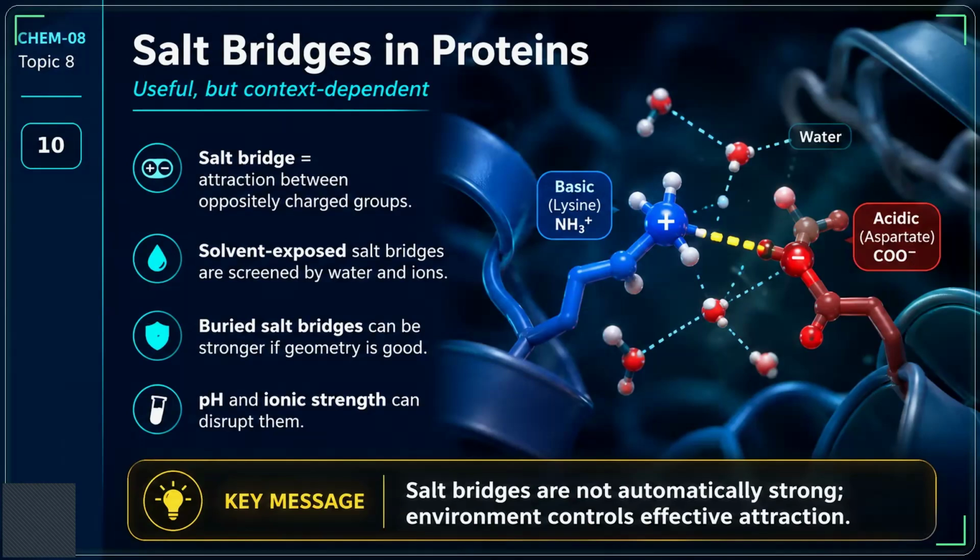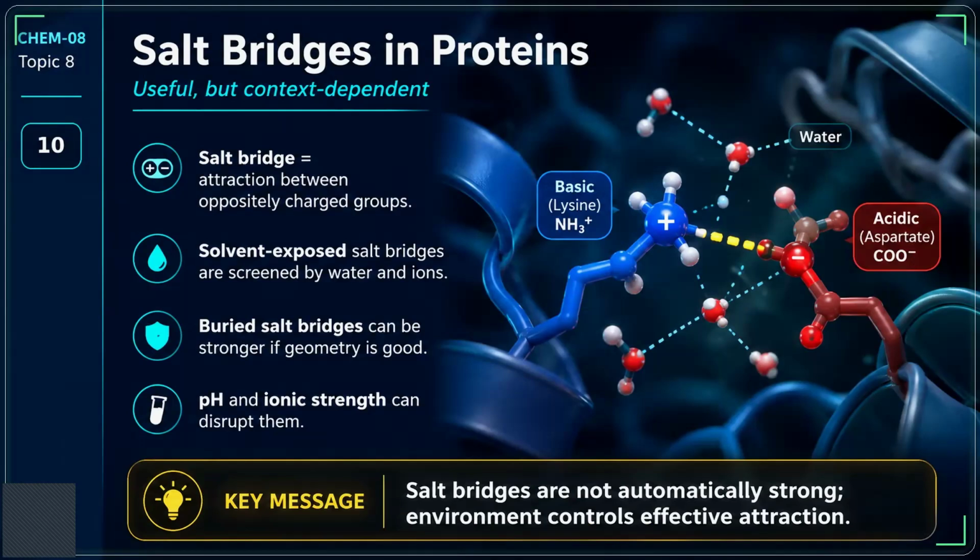Salt bridges, it's better to call them ionic interactions, but sometimes you may have a metal in the middle, or sometimes it's just going to be two ionic groups. And solvent-exposed salt bridges are screened by water ions.